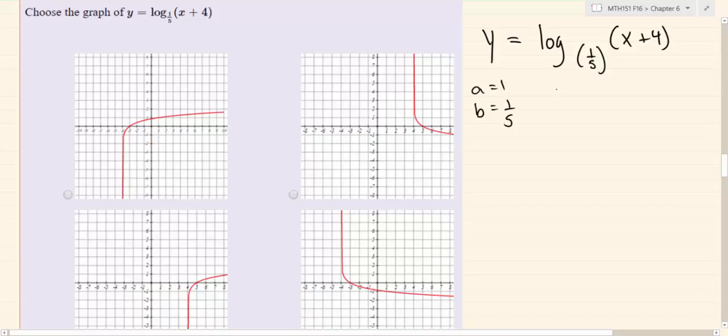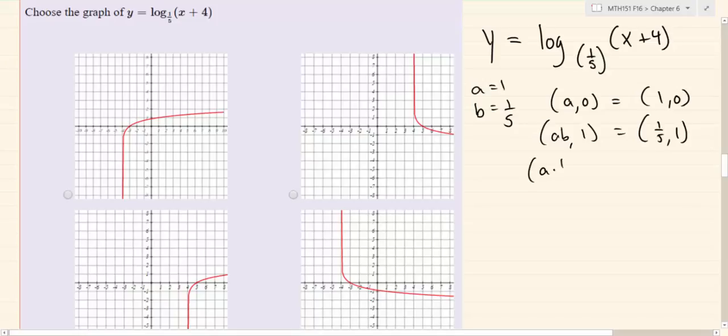So the point (a, 0) is equal to (1, 0), and (ab, 1) is equal to (1/5, 1), but that's going to be tough to plot, so we're also going to do the -1. So we'll do a times 1 over b, -1, which is going to give us (5, -1).